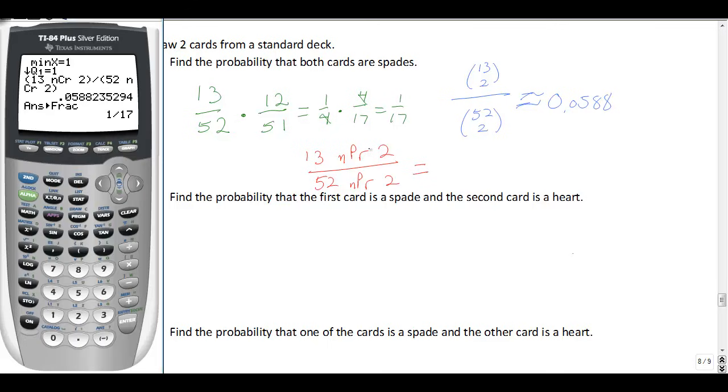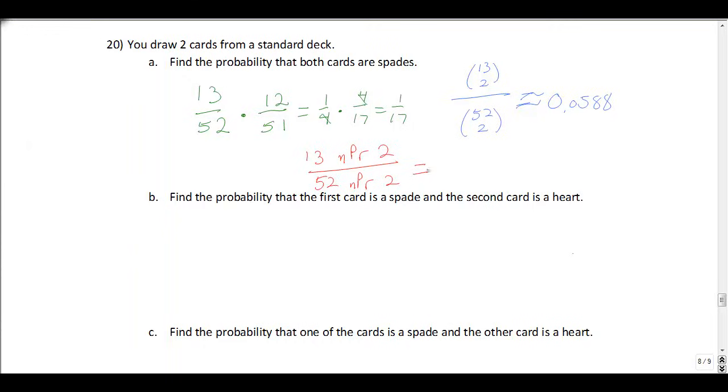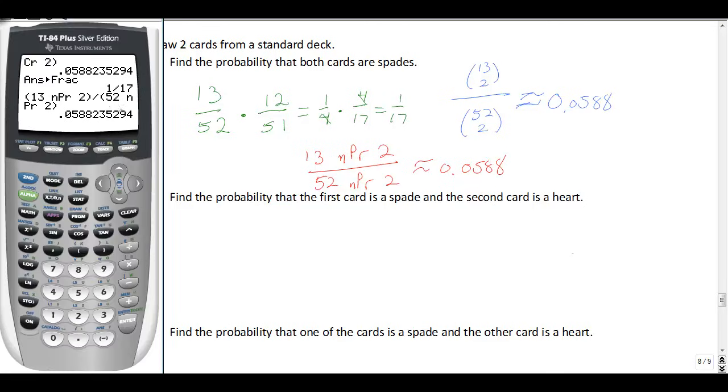Note these numbers are going to be different, but if I do 13 nPr 2, and then I divide by 52 math probability nPr 2, I get the same thing. So let's do an approximately equal, 0.0588. You can see it's the exact same decimal. It will convert to 1/17 as well. So you can do really any of these 3 ways.